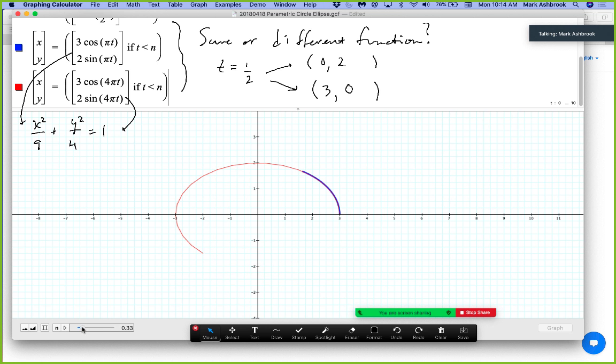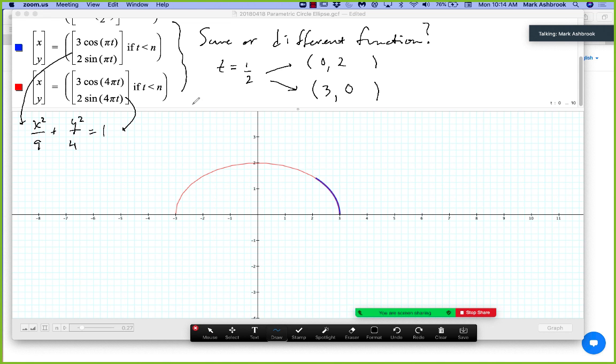Okay, so by making a new argument, it's the same function with a different argument. I made this argument 4 times as great as this one. And what's the conclusion? Is it the same function or a different function? Same function with a different rate. Okay, I have same function. Is it the same function?